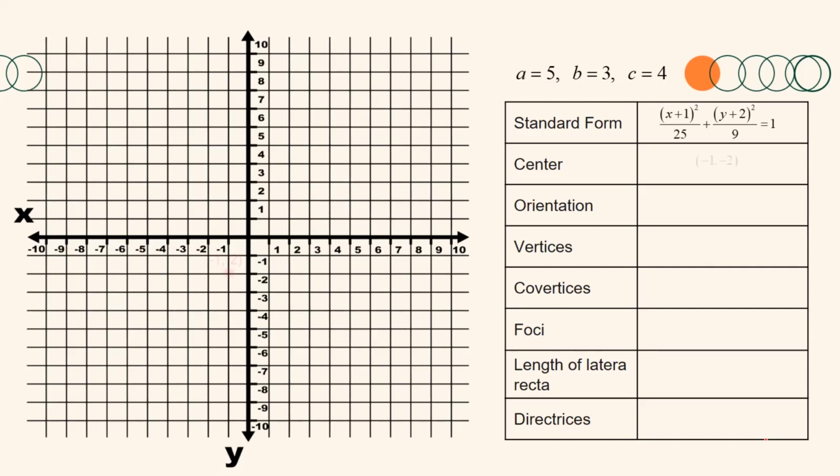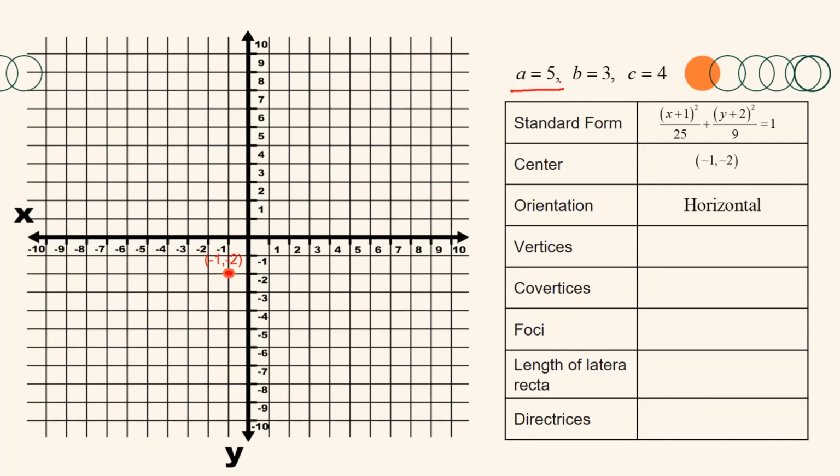The center is at (-1, -2), and the orientation of the ellipse is horizontal. Since the ellipse is horizontal, the vertices are on the right and on the left of the center, with a distance of 5 units since a is equal to 5.